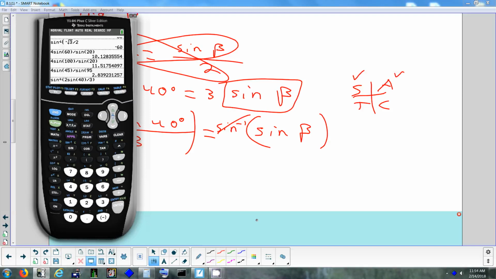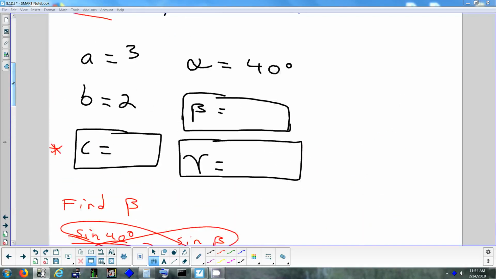Just like that. So this is not a no solution problem. If it was no solution, I would have just gotten an error, and the calculator would have said something different. 25.374 is a solution. So what I do is I write it up higher in the box in case there's a second answer.